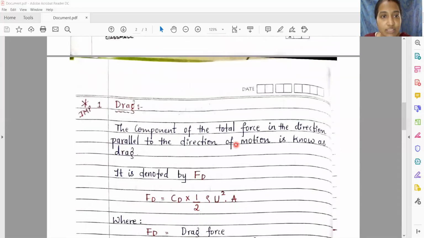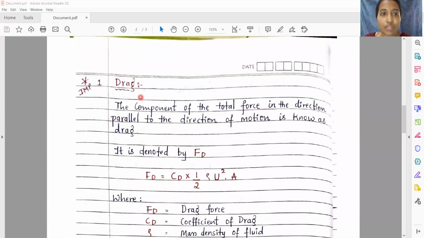Next is the definition of drag. It is a very important definition that may come in the examination. The component of the total force in the direction parallel to the direction of motion is known as drag.